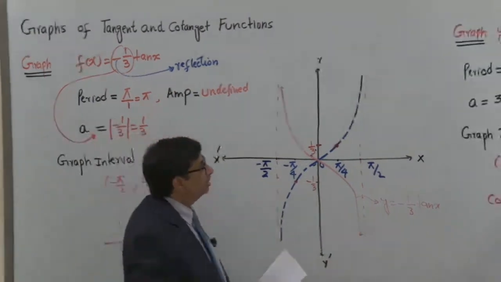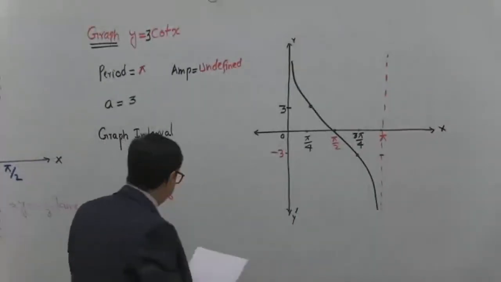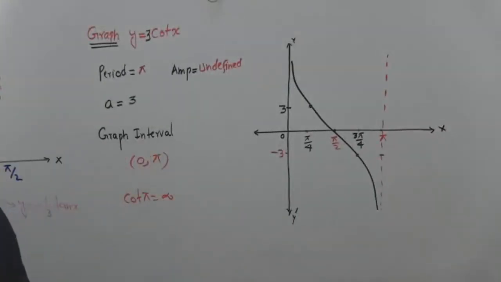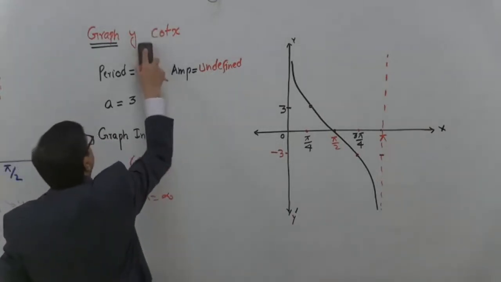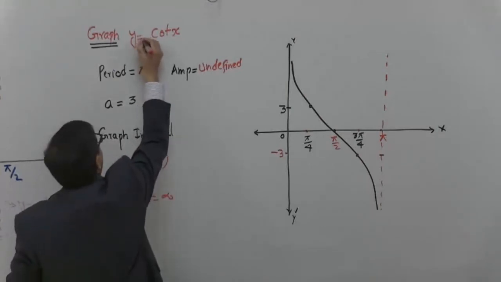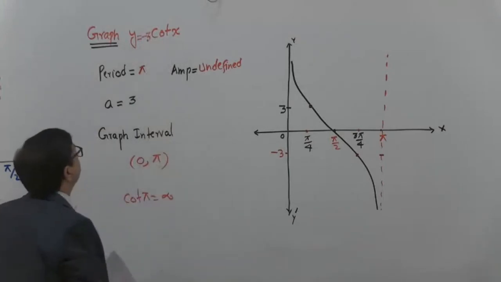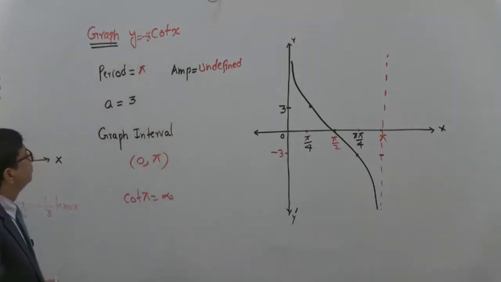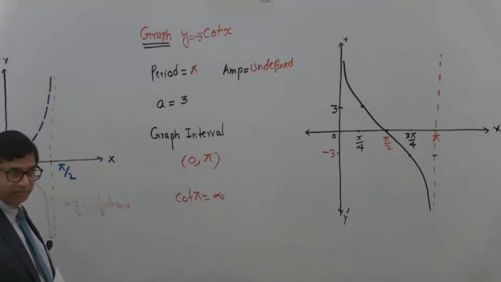Next, we go for the cotangent. In cotangent, I just make a change over here. If I write here -3, okay, y is -3.